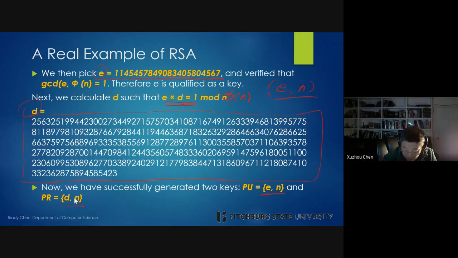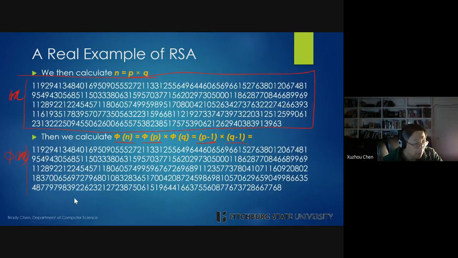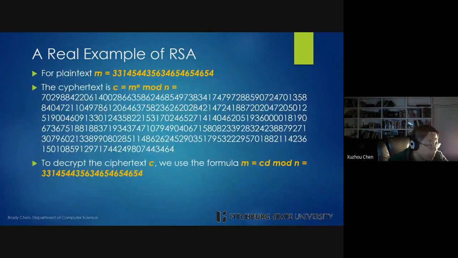Then I can pick any number which is smaller than this n, and I can encrypt that number. So I pick a plaintext M, right? I raise M to the power e, modulo n.